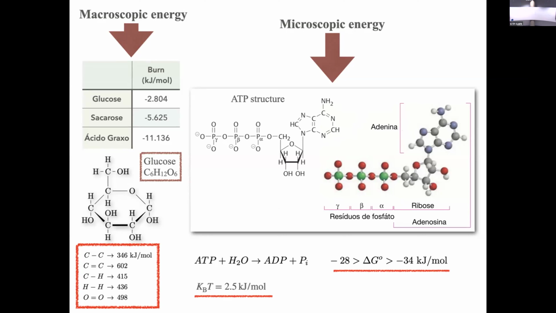So this one is more compatible. Covalent bonds are around 200, 300, and the kBT is around 2.5. So this one can do some work because it's above kBT, but it's too weak to break this type of bond. So that's most of the microscopic energy we use in our body.